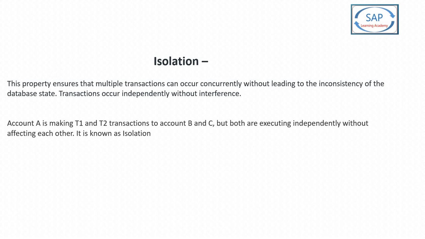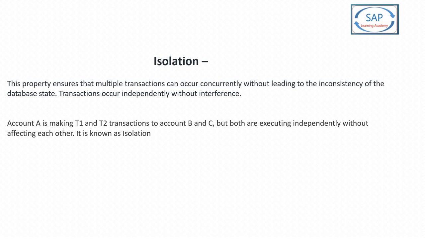Transactions occur independently without interference. Suppose account A is making two transactions to accounts B and C, and both are executing independently without affecting each other. This is called isolation. So it can have multiple transactions from one account without any problem.